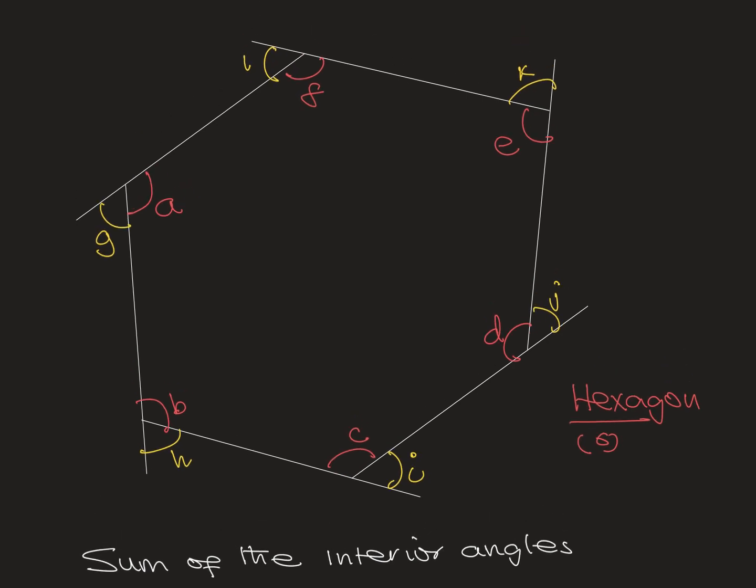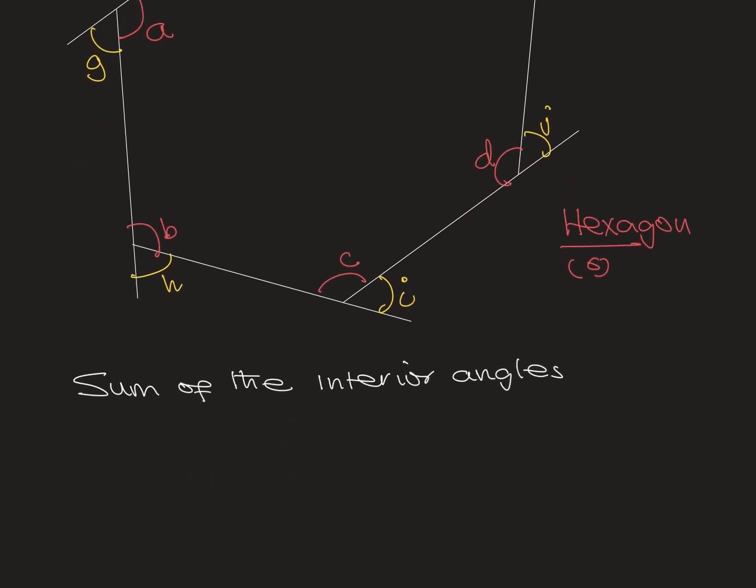That is to say, when we add angle A, B, C, D, E, F, what will it give you? We have a simple formula for that. The sum of the interior angles is n minus 2 multiplied by 180. That is a formula that is applicable for any polygon.